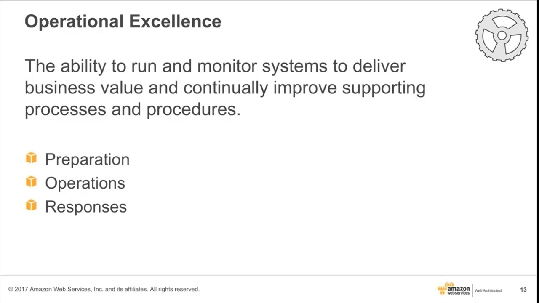This requires preparation to define business goals and set up comprehensive monitoring. Having well-defined processes that are automated to manage small changes. Also includes having well-defined and tested processes for responding to events. And then, finally, reevaluating and adapting to changing business and system conditions.